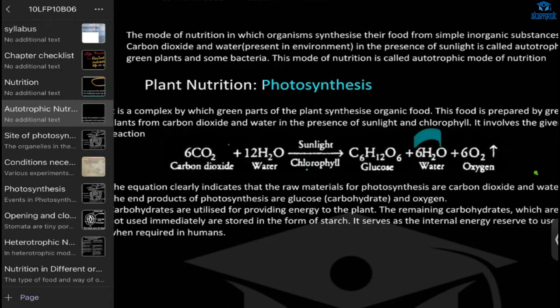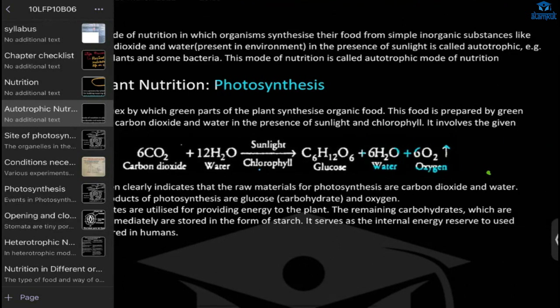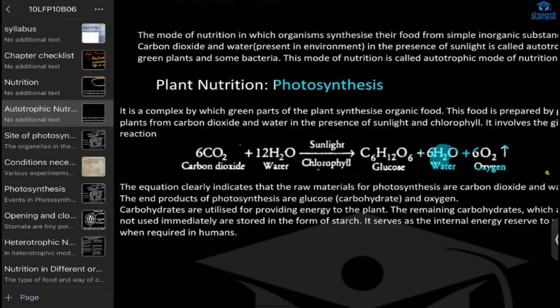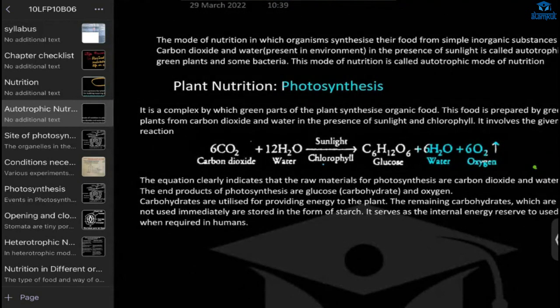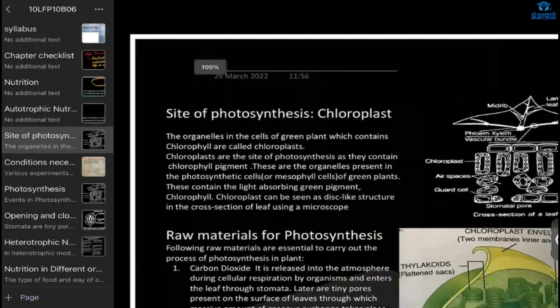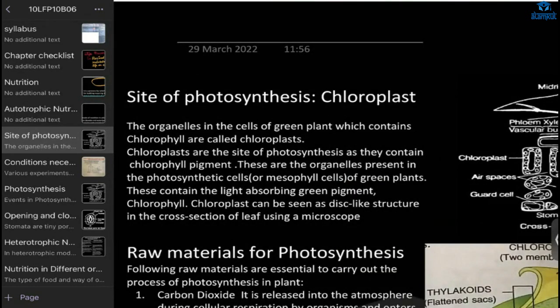Then water and oxygen both. So the requirements for photosynthesis are carbon dioxide and water, then sunlight, and the pigment chlorophyll must be there. Now where does photosynthesis occur? It occurs in the chloroplast.